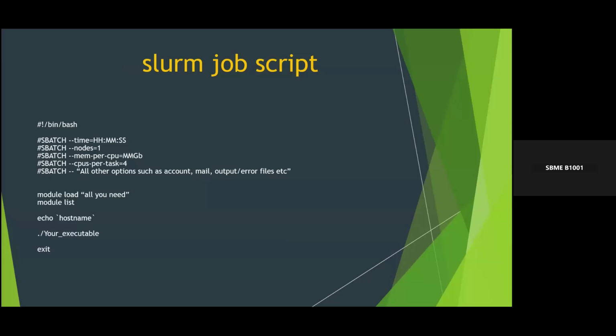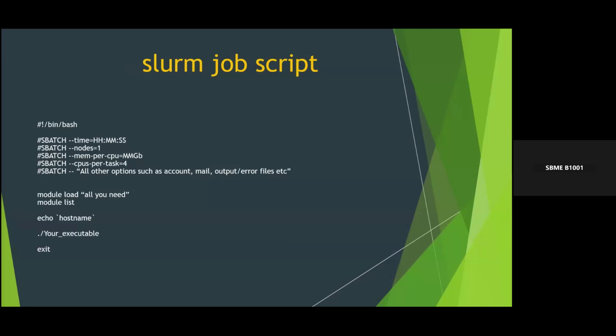There's a question on Zoom. The question is, so the hashtag sbatch lines are not comments? No, sbatch is not a comment. It's a comment for the bash script. But since Slurm will be reading this, it's a directive.